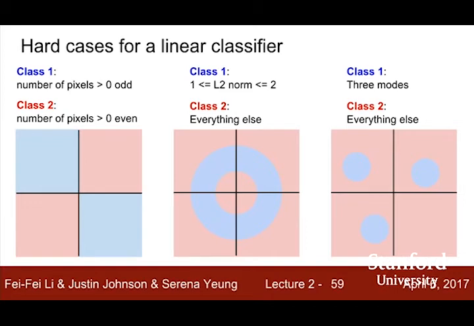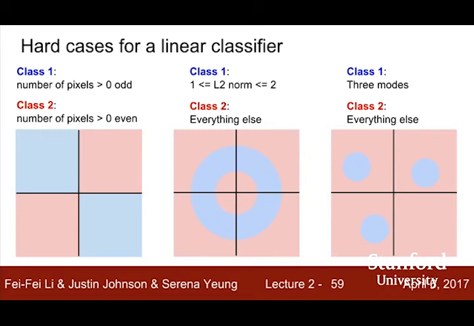Other situations where a linear classifier really struggles are multimodal situations. So here on the right, maybe our blue category has these three different islands of where the blue category lives, and then everything else is some other category.